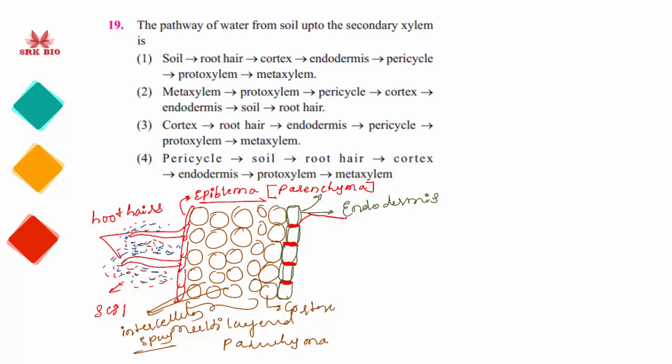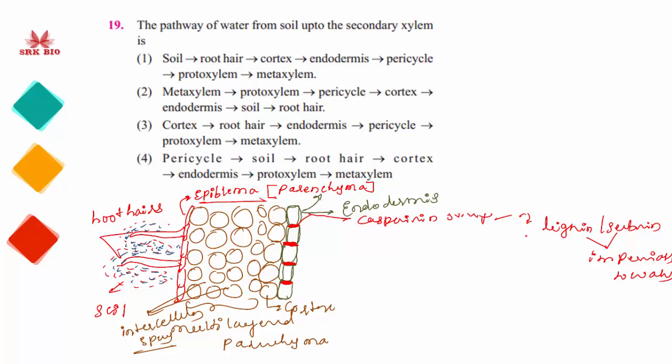This particular part is called the Casparian strip, and the Casparian strip is made up of either lignin or suberin. Remember, both of them are impermeable to water. That means they do not allow the movement of water through them.